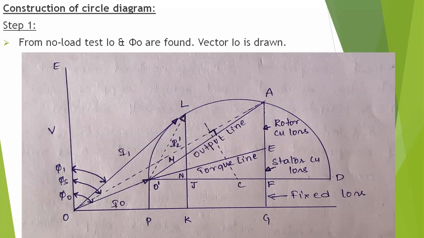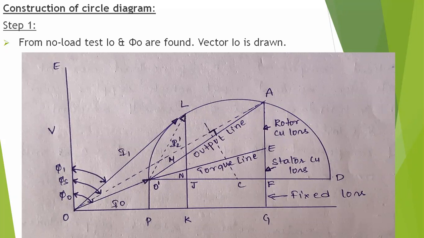From the circle diagram we have to know the performance of the motor, so if the diameter is greater than 25 centimeters, we will read the values from the circle diagram accurately.